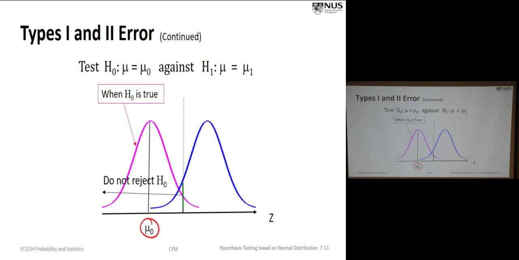The test statistic for this type of problem is x bar minus mu naught over sigma over root n, standard normal, assuming sigma known. If I got a sample and the value is here, let's say this is alpha, so this is Z alpha.